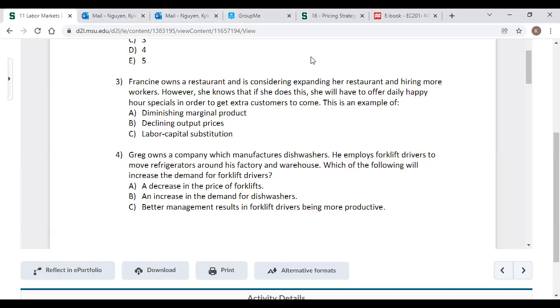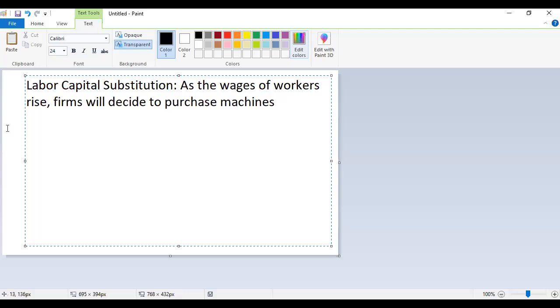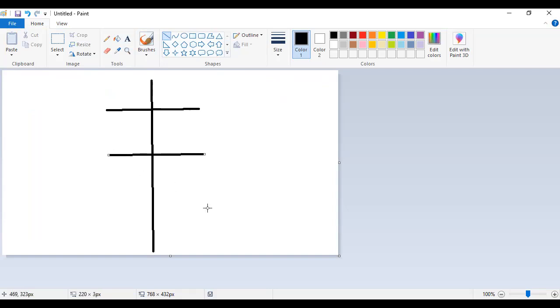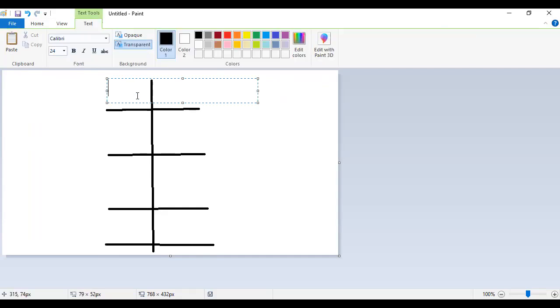This one requires a little bit of illustration. I know these lines aren't really spaced out properly, but just bear with me.